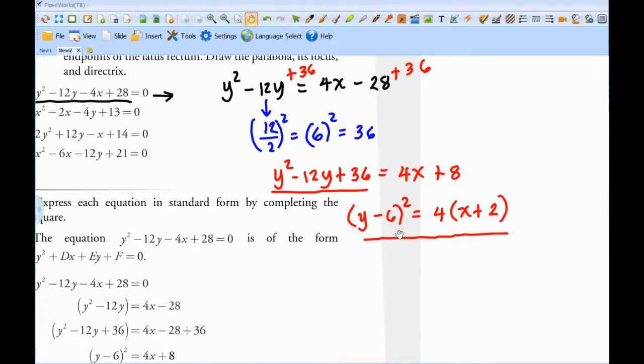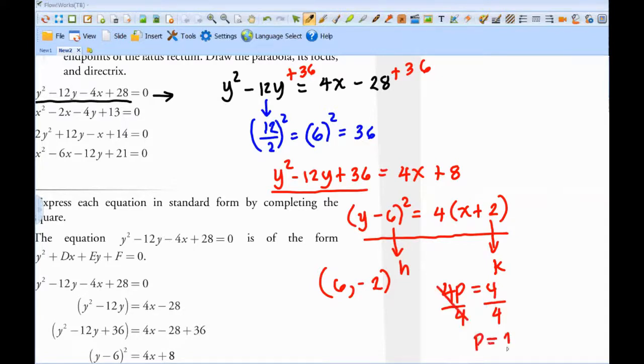And then the h and k are given. So this is our h, and this is our k. So h is 6, and the k is negative 2. Right? And our 4p is equal to 4. So divided by 4, our p is equal to 1. Okay?